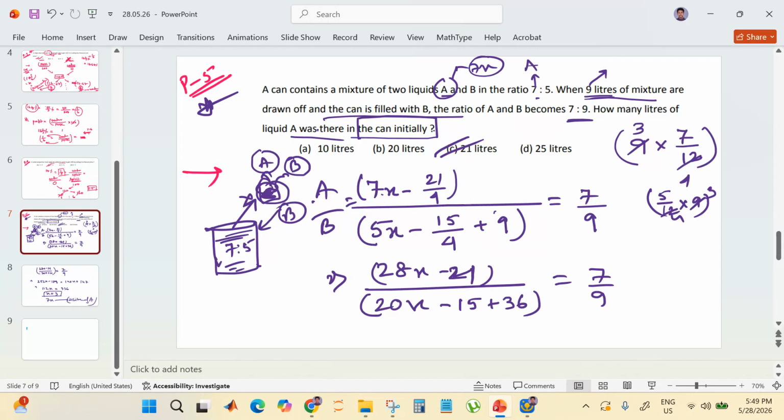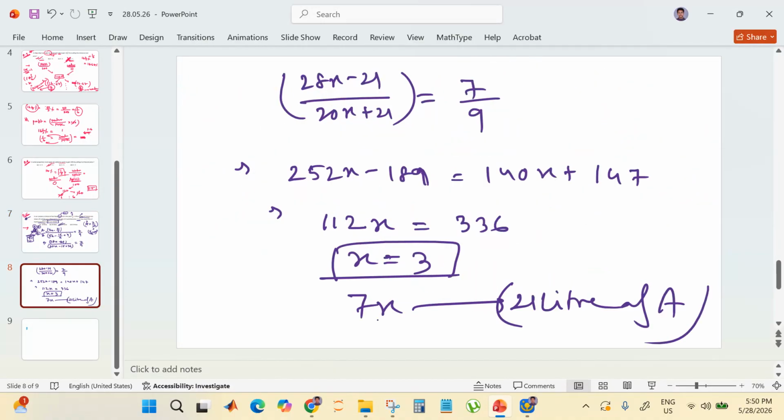So initially it was 7x, because from the 7x, 21 by 4 liters will be extracted. So 7x will be the initial amount of A. That means 7x means 21, because x equals to 3, so 21 liters.